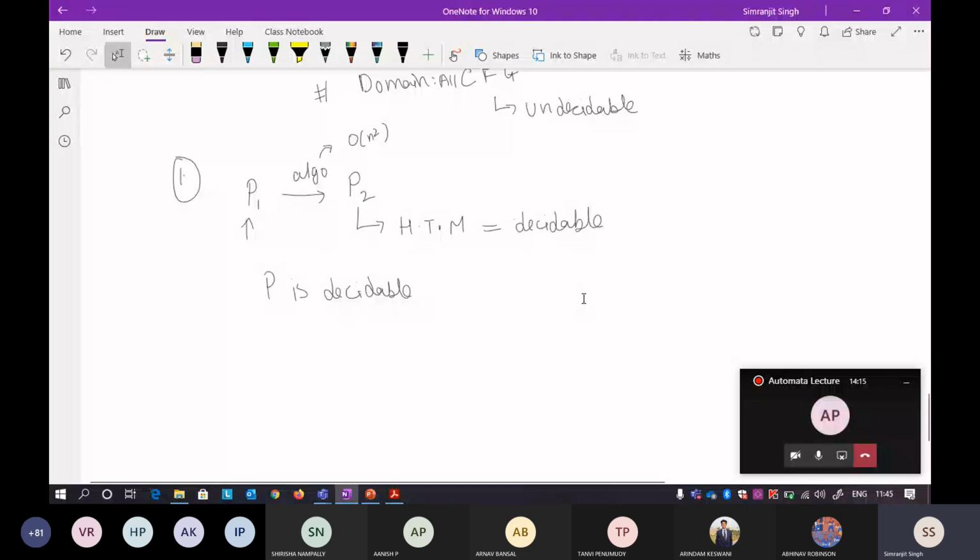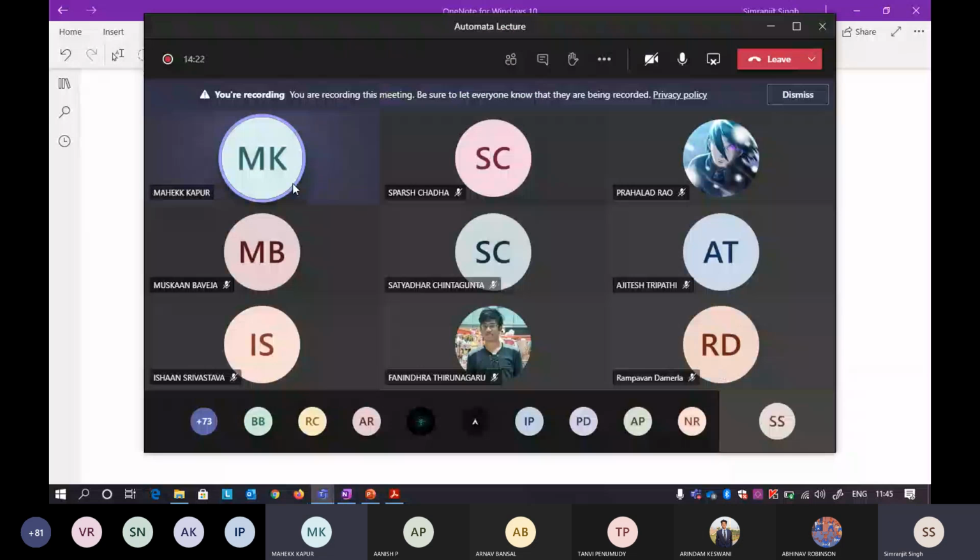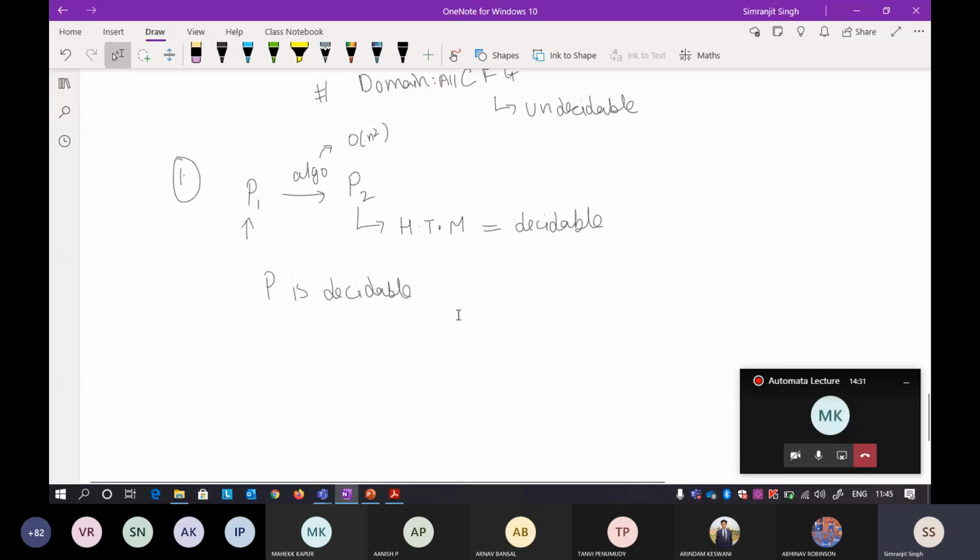Okay, so the first step is: if there is a particular problem, and for that problem there is an algorithm that converts it into another problem for which a halting Turing machine exists, then you can say that this P1 is decidable.